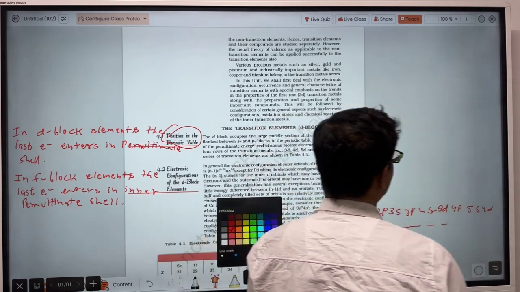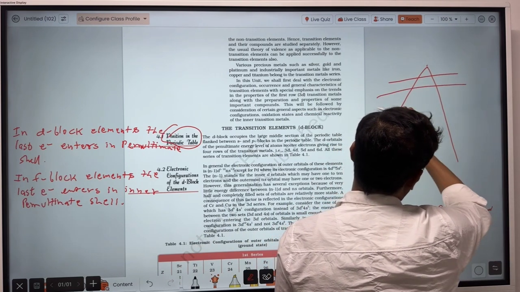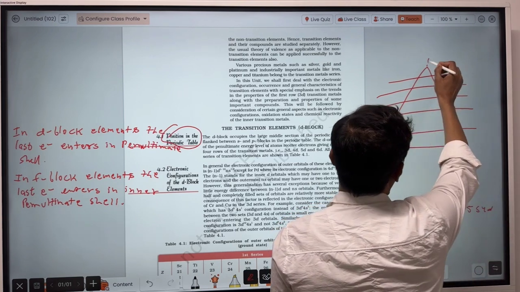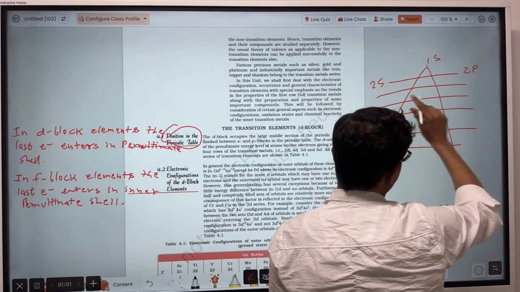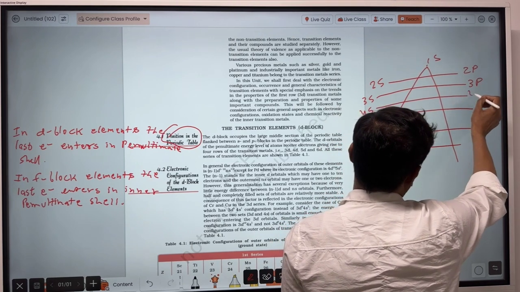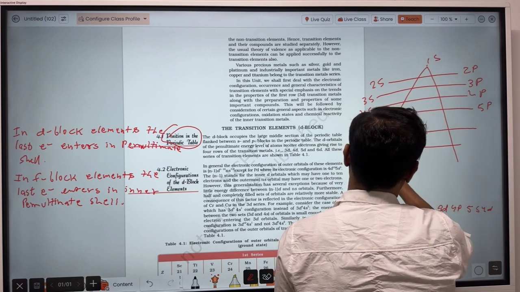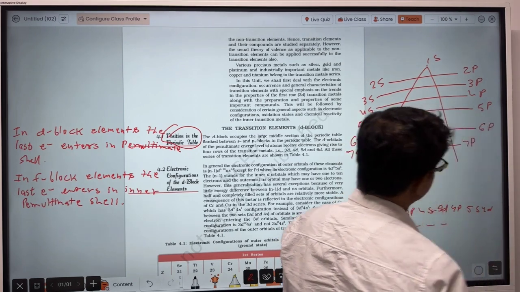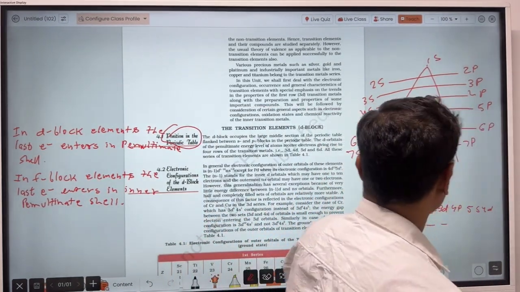How to write? Simply draw a triangle, and draw lines to this one. Here 1s, 2s, 2p. That means this side is s and this side is p. That done, then after every two lines, new types of orbitals will enter.